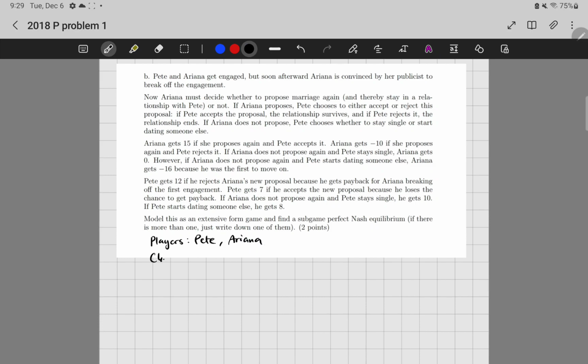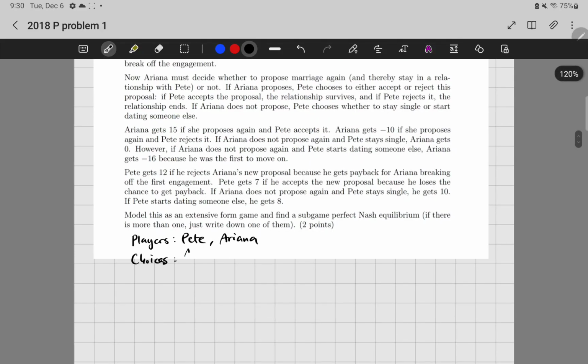And the choices are a bit different. Ariana has a choice to propose again or not.